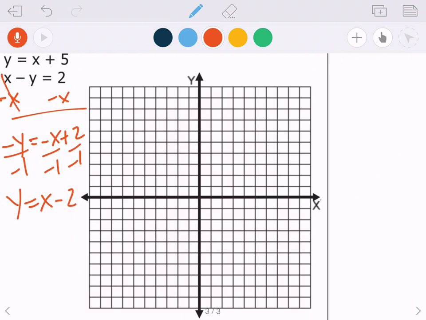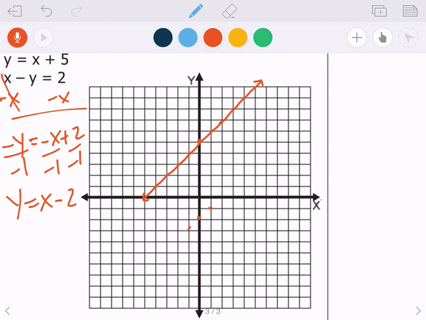So I have y equals x plus 5 and y equals x minus 2. So let's graph the first equation. Y-intercept of 5 and then slope of 1. And the second equation, y equals x minus 2.